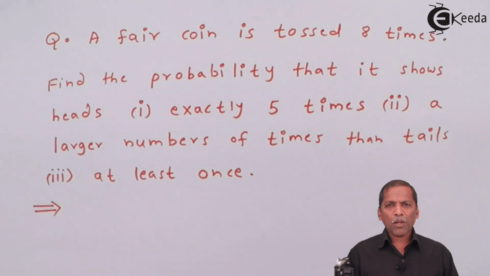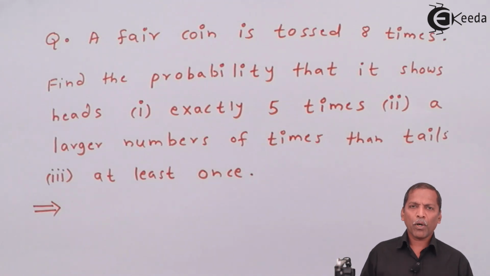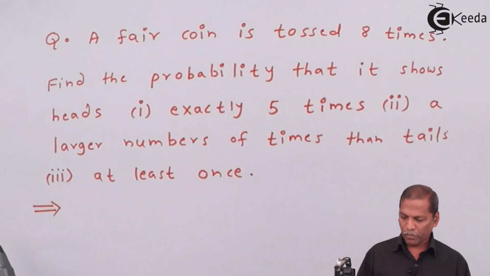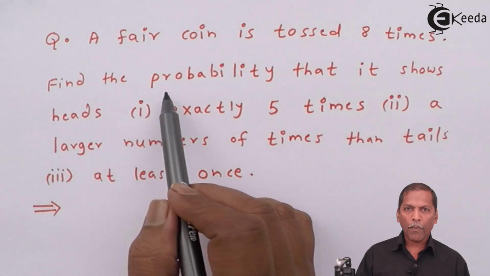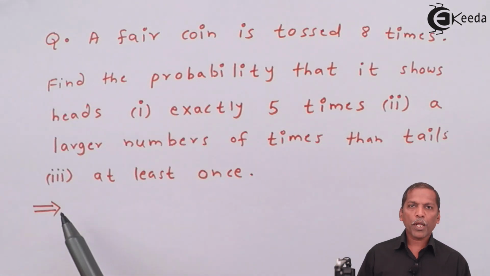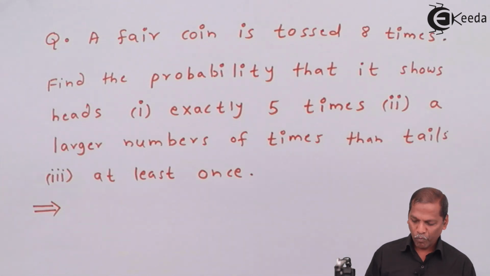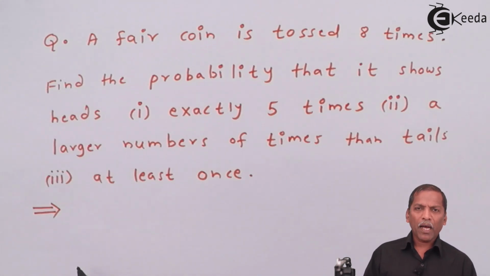First of all, while solving such a type of problem, we have to read the question carefully. Here they mention a fair coin is tossed 8 times, and we have to find the probability that it shows heads. So the question is totally depending upon heads. So let X denote the number of times head occurs in 8 tosses.